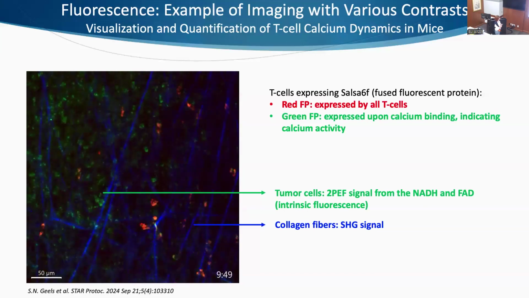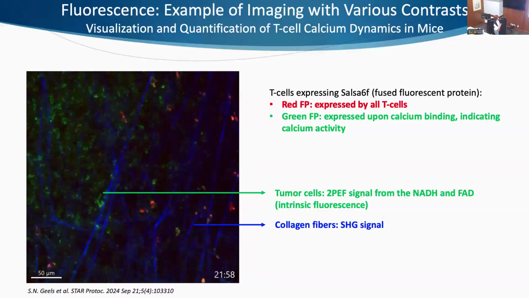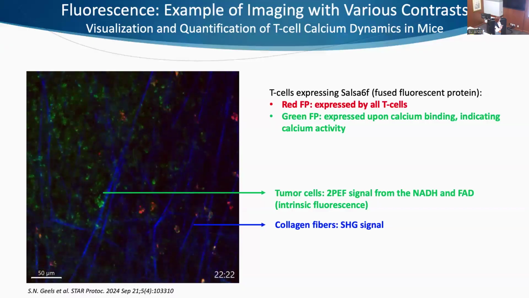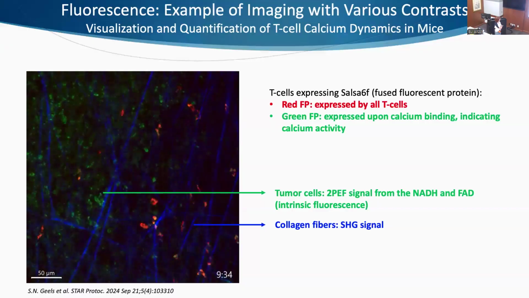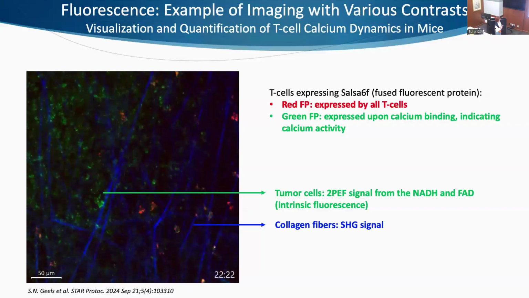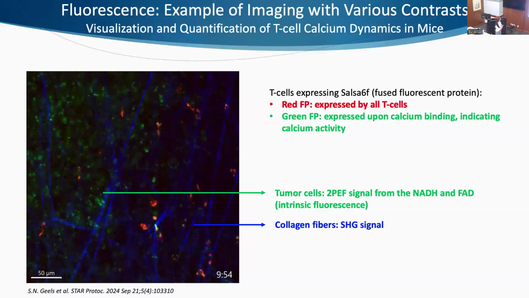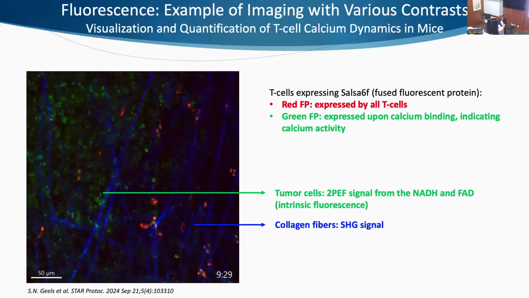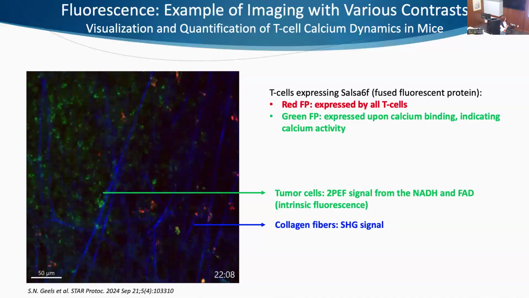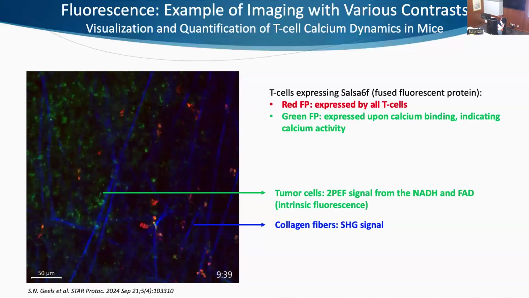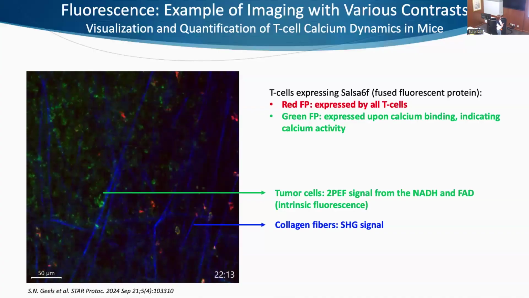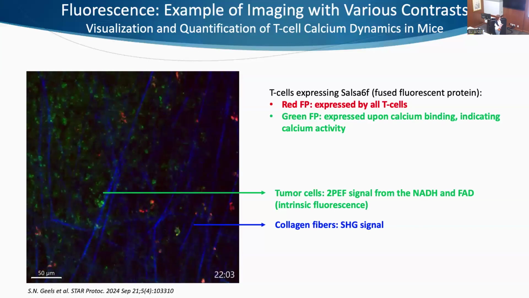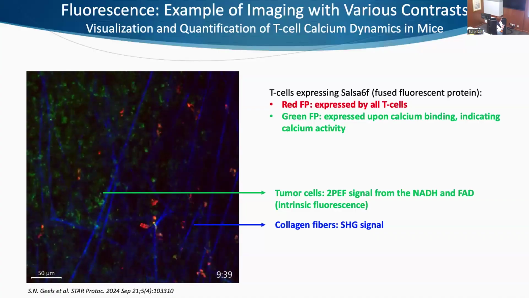It's an image acquired in a tumor of a mouse model, and for visualizing these T cells migrating in the tumor, he's using both intrinsic fluorescence and intrinsic nonlinear signals, such as second harmonic generation signal from collagen, and then the green cells are tumor cells visualized by the two-photon excited fluorescence from NADH and FAD.